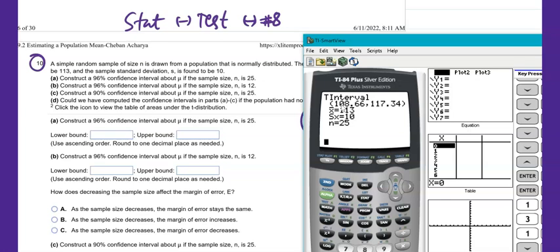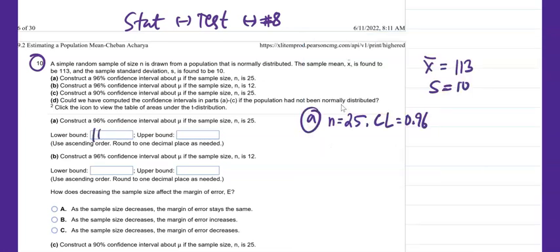The first interval is 108.7 and 117.3. You can also write it in parentheses: 108.7 as the lower bound, comma, 117.3 as the upper bound. That's the interval in part A.